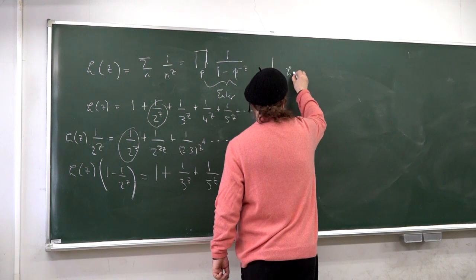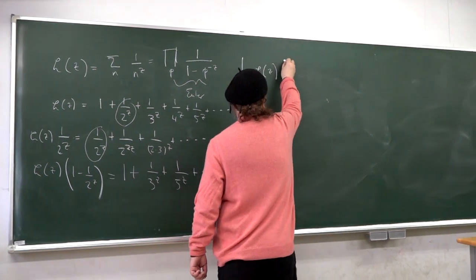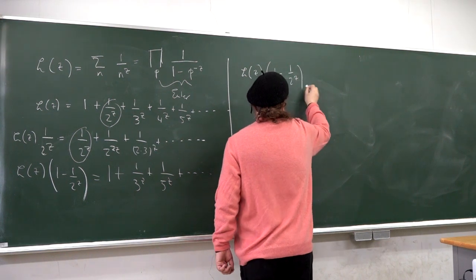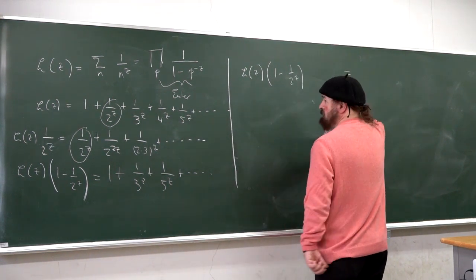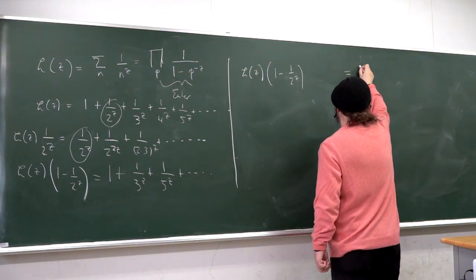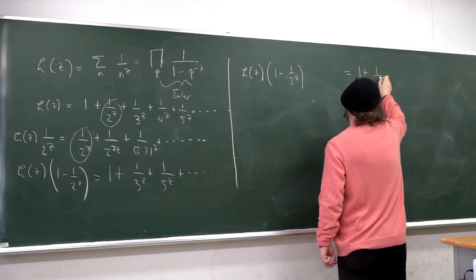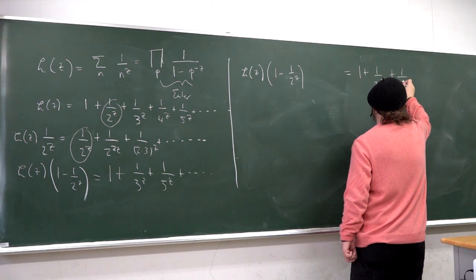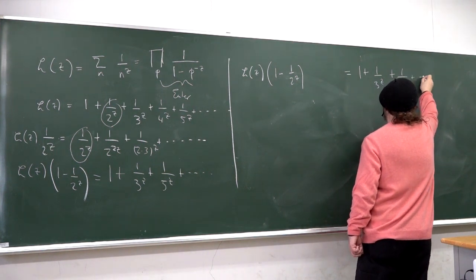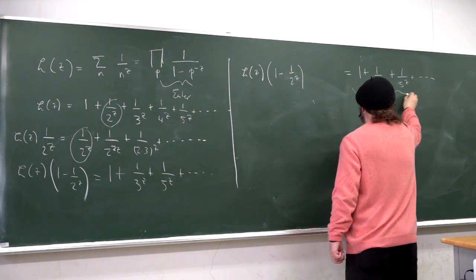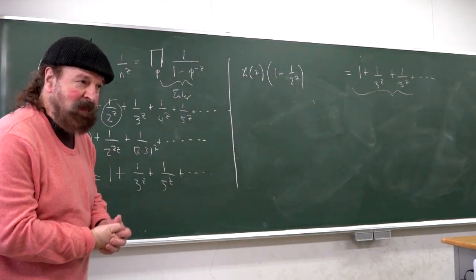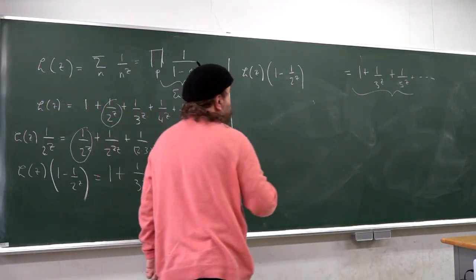So essentially, I showed 1 minus z... this was equal to 1, because I have eliminated any term that has powers of 2 in this expression over here. So now what happens when I multiply everything by 1/3 raised to the power of z?